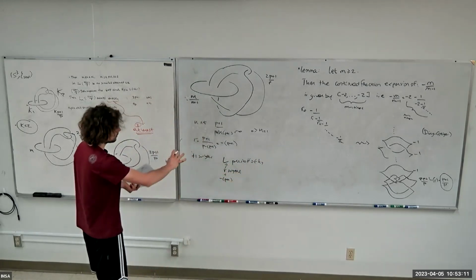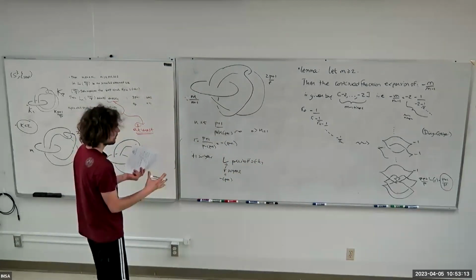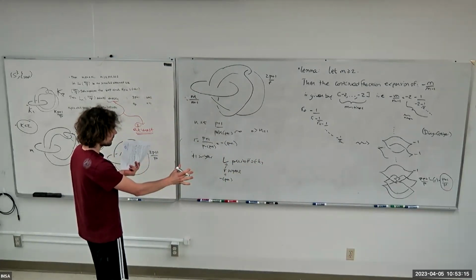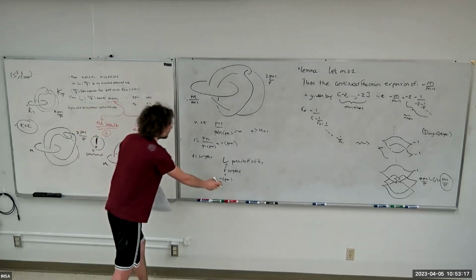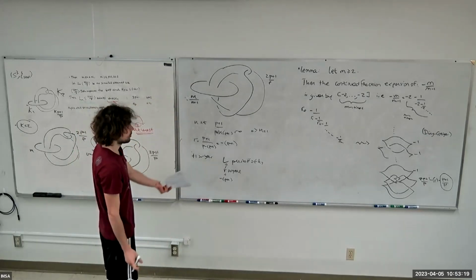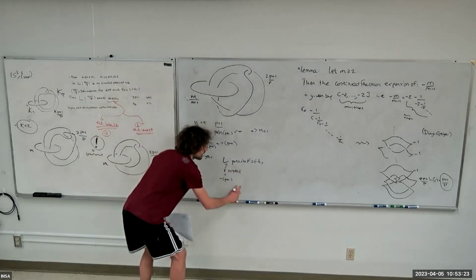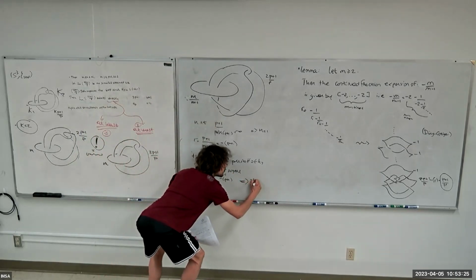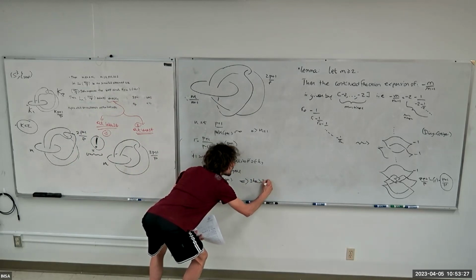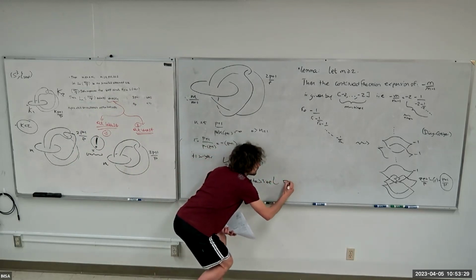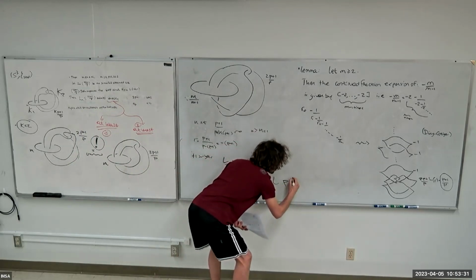So I do plus 1 surgery on my original trefoil, and then I take a Lagrangian push-off of that, and I perform this negative surgery on that. And to turn this into a sequence of minus 1 surgeries, I just need to stabilize this guy p times.